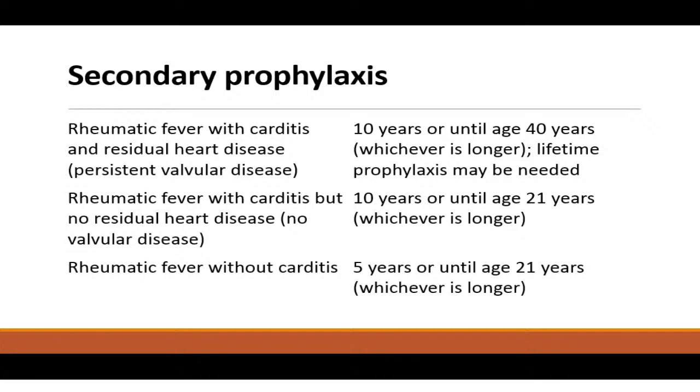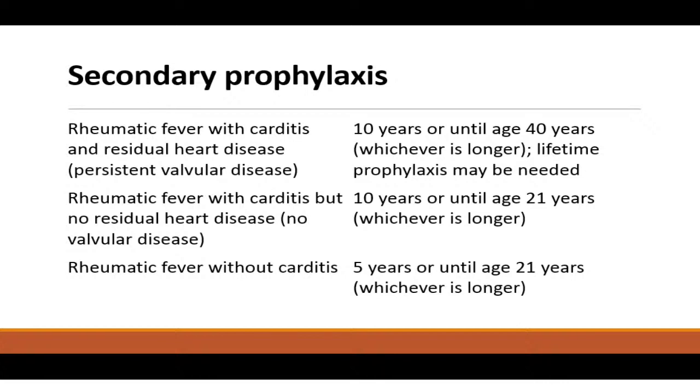Sometimes this prophylaxis can be longer in some individual cases. And if there is no carditis in rheumatic fever, we need to make secondary prophylaxis for 5 years or until age of 21 years.